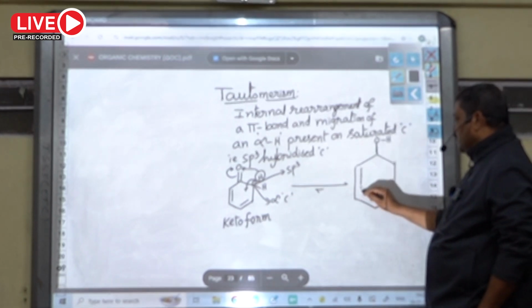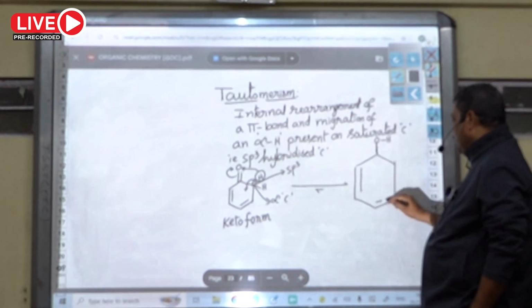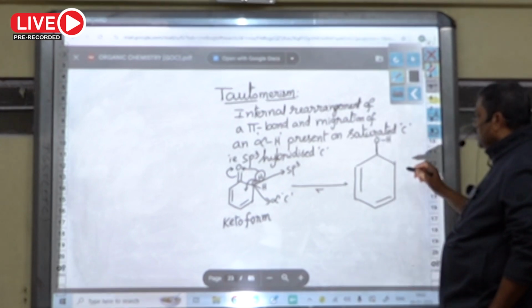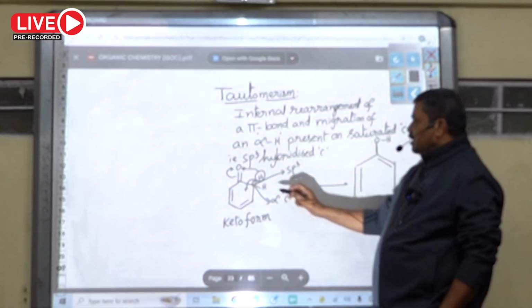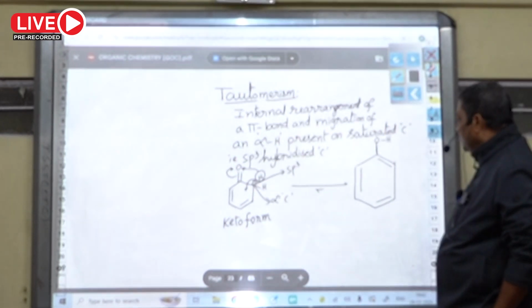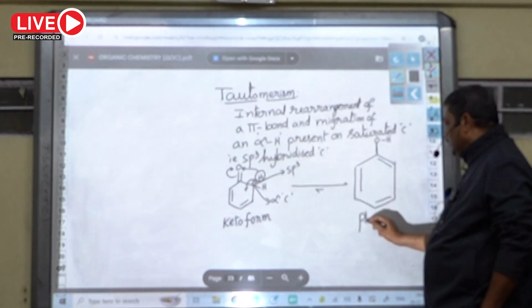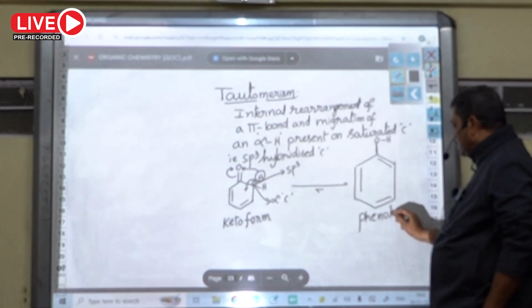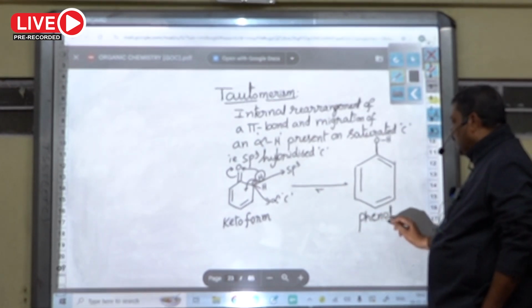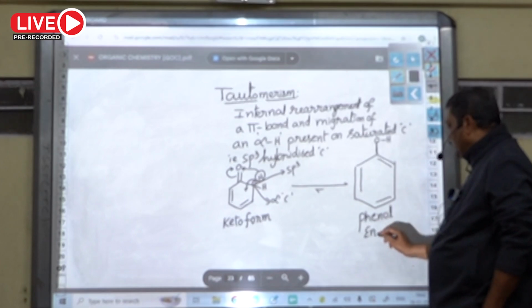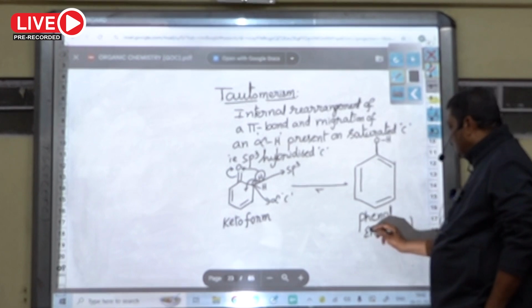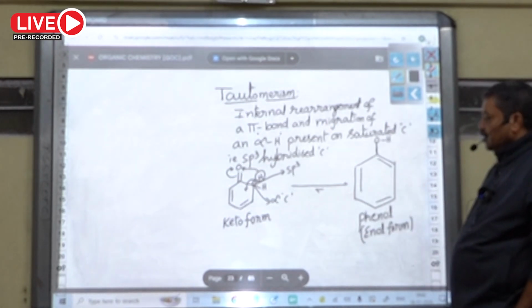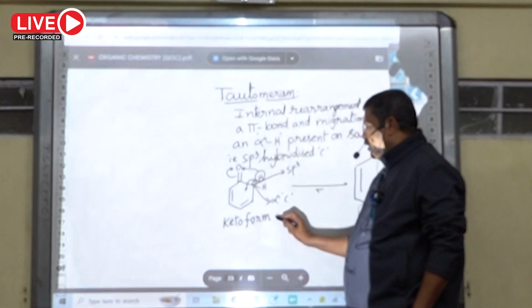This pi bond is not disturbed. Here this bond becomes a double bond because the CH bond shifted here. You will get phenol. Phenol is the enolic form, the enol form. This is the keto form of phenol.